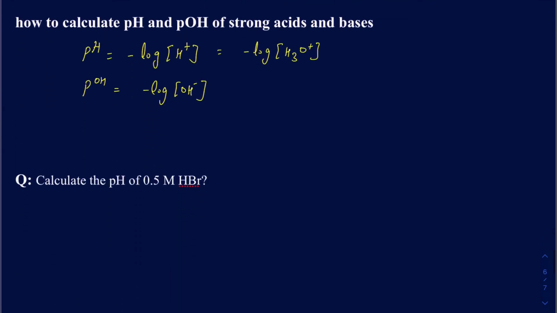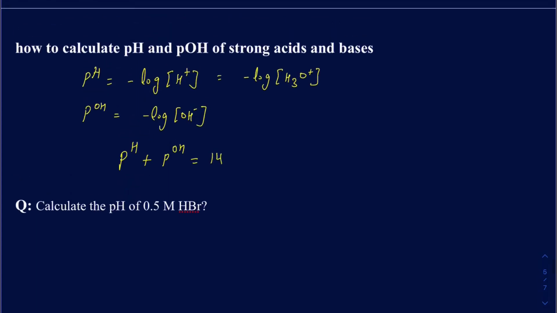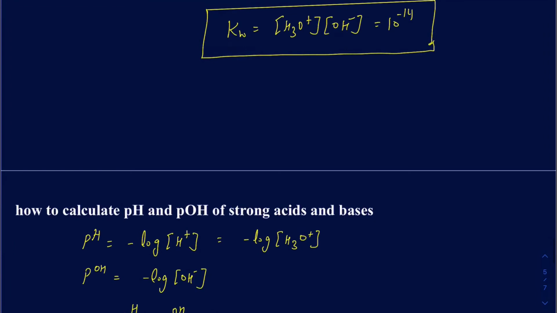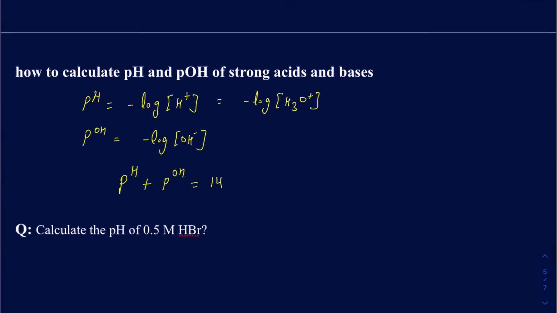I don't want to derive those equations, but make sure you are aware of these equations here. In addition to that, you also want to know that pH plus pOH is going to be equal to 14. So you have maybe 3 formulas here you want to be aware of. Obviously, know the Kw expression, the pH definition, the pOH definition, and the relation between the pH and the pOH.